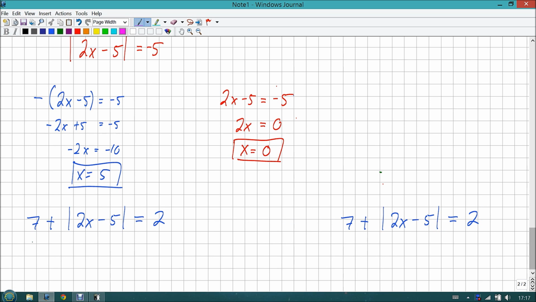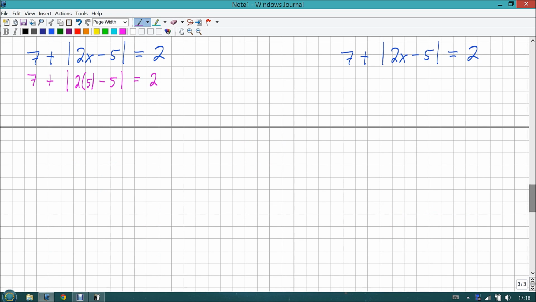So let's plug in 5. 7 plus the absolute value of 2 times 5 minus 5 is equal to 2. Let's see if that works out nicely. Subtract 7 from both sides. Now I have the absolute value of 10 minus 5 being equal to negative 5. So now I have the absolute value of 5 is equal to negative 5.